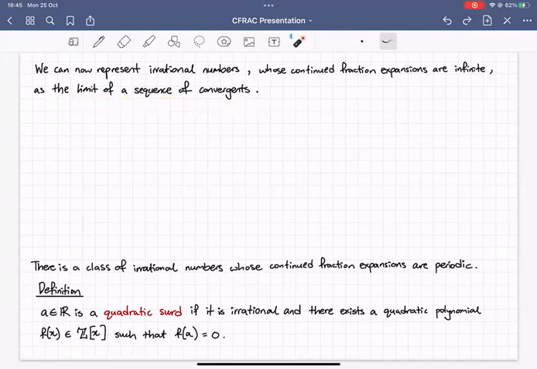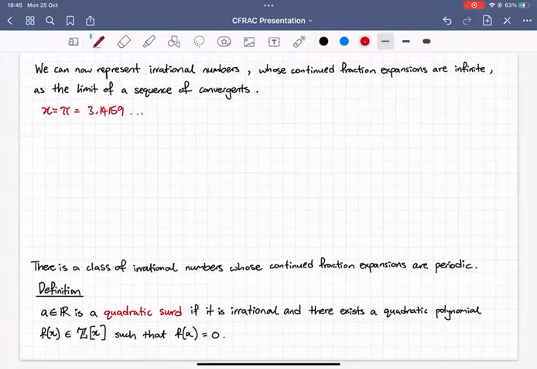I'll just bring up an example. The example I have in mind is pi. If x is pi, we know pi is 3.14159 and so on.